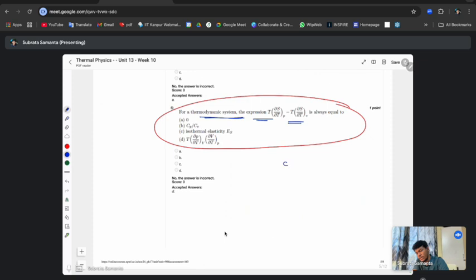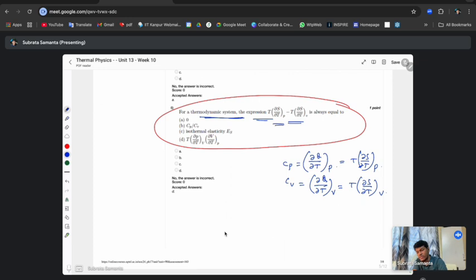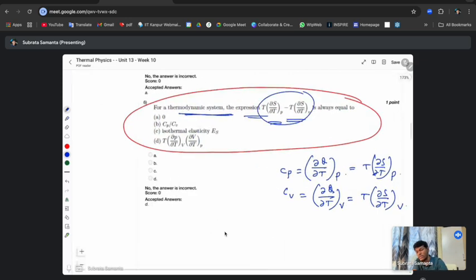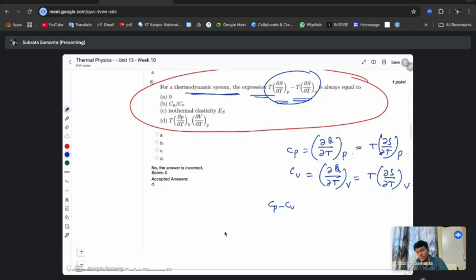Cp is del Q over del T at constant pressure, which is T del S del T at constant pressure, and Cv is del Q over del T at constant volume, which is T del S del T at constant volume. So the expression given in the problem is nothing but Cp minus Cv.